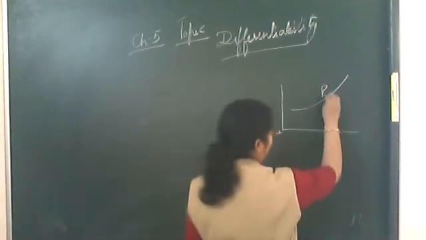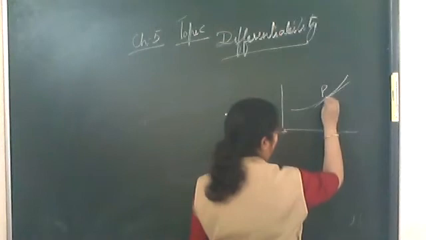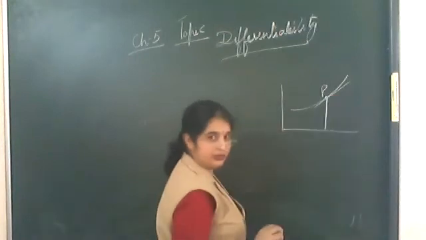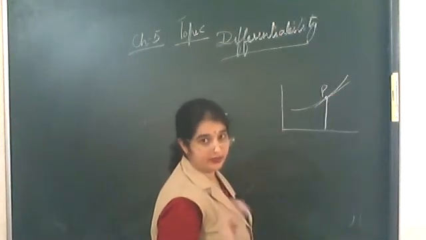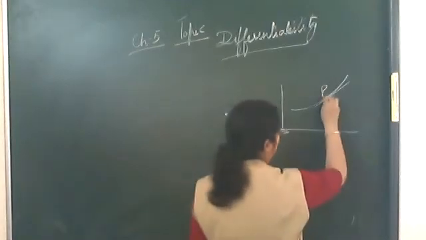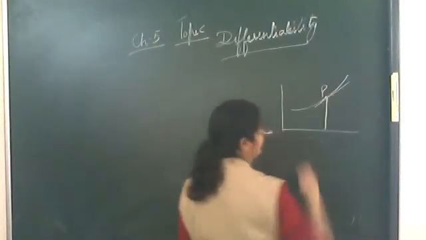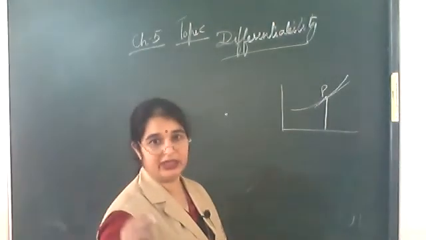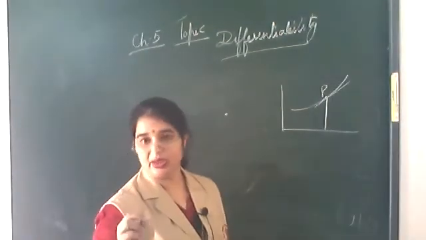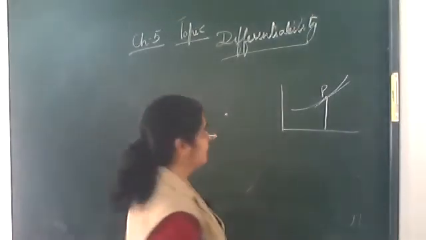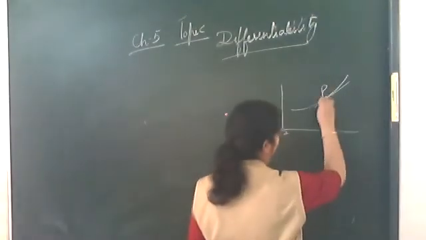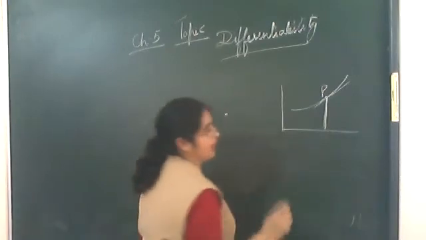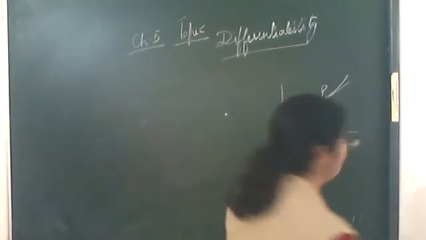Why? Because around this point we can draw the tangent, that means it is differentiable. Now around this point, the curve is continuous, because we can draw the curve without any break. So this function is continuous. If it is differentiable at any point, it will be continuous.